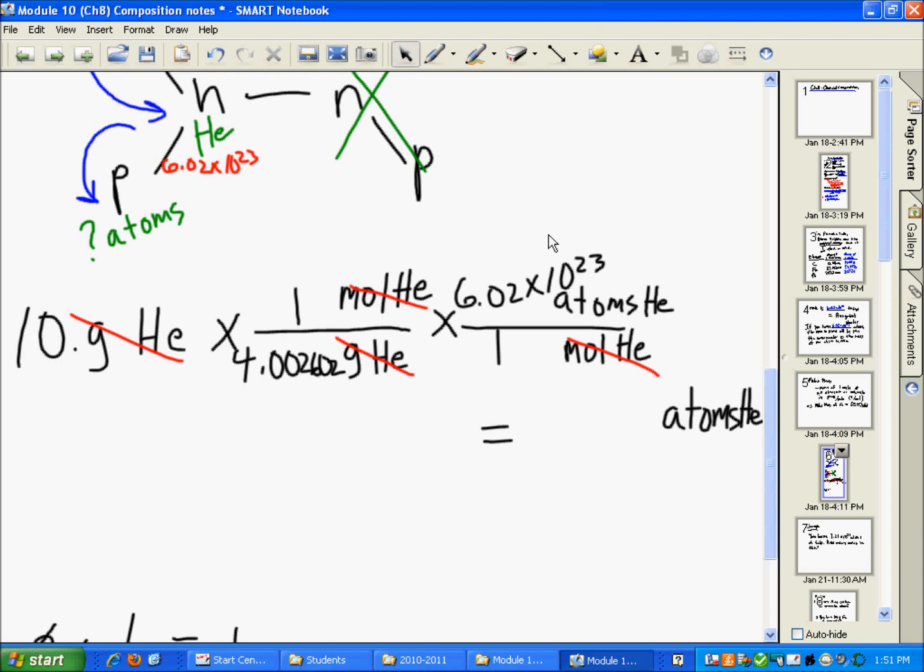So we do 10 divided by? It will be 10 divided by. Again, we don't have to do the times 1. It'll give you just 10. So just do 10 divided by 4.002602, times 6.02 EE23.